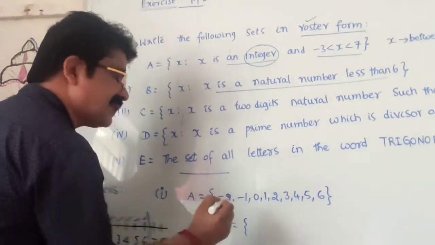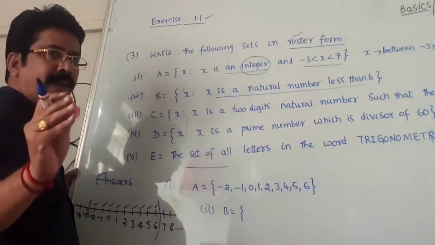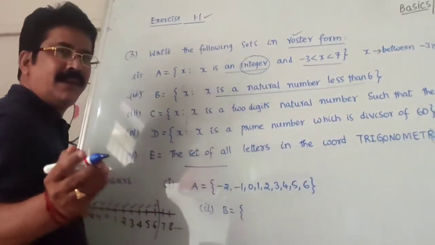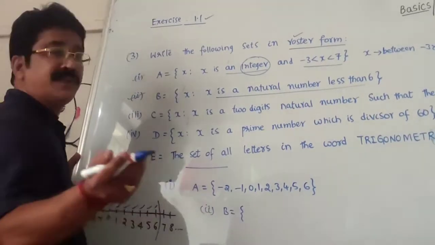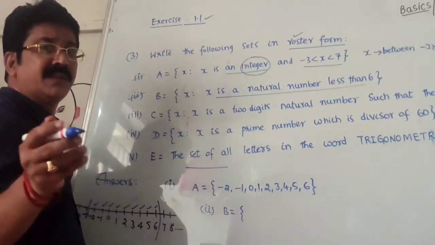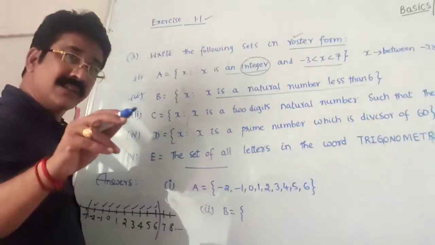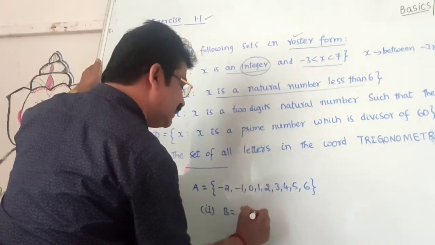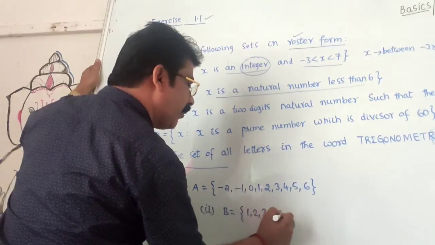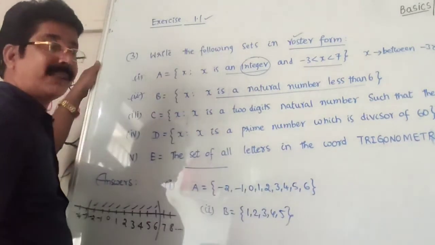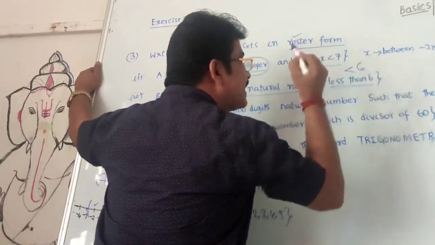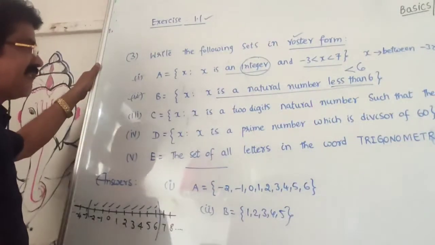Natural numbers means counting numbers, starting with 1, not with 0. So less than 6 means 1, 2, 3, 4, 5. That's all, not 6.